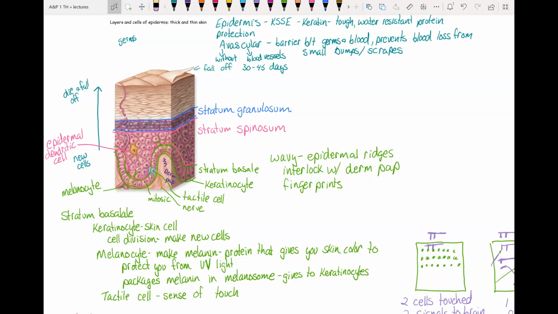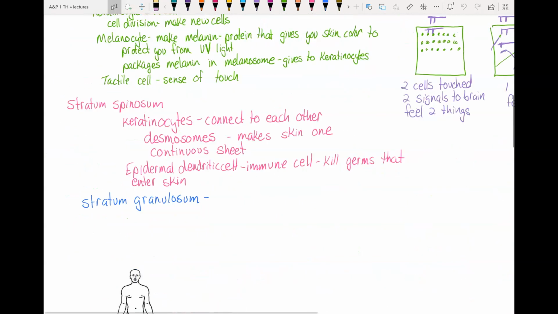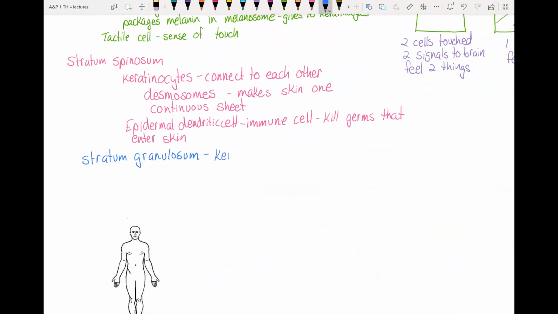Remember, these cells are moving up, so they've moved up from the basale, from the spinosum to the granulosum. This is where they start to make keratin. Remember, the epidermis is keratinized cells. So far, they haven't had any keratin, but this is where the keratinocytes begin to make keratin. And they fill themselves up with it. So they don't secrete it out, they keep it inside themselves.